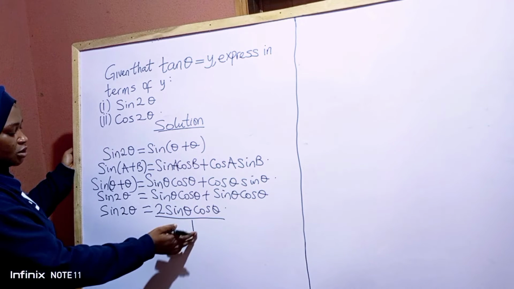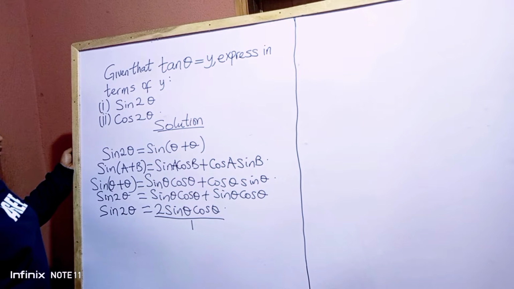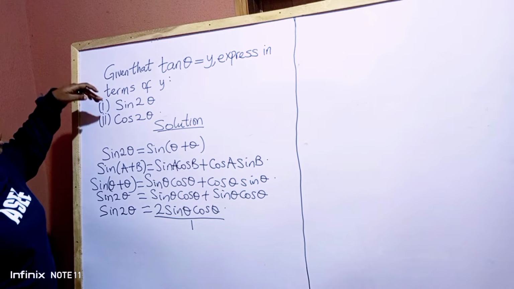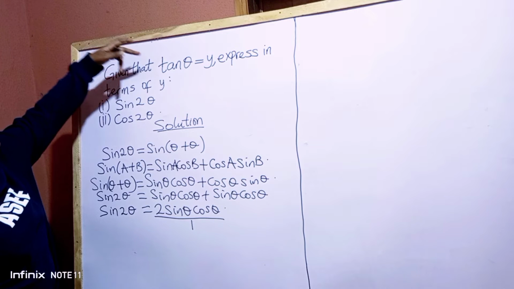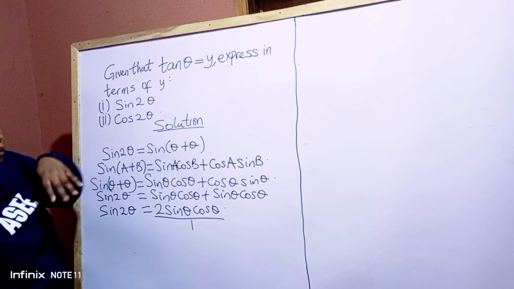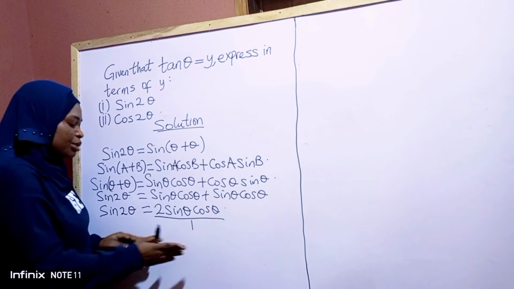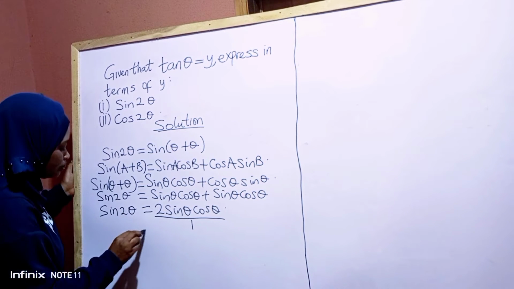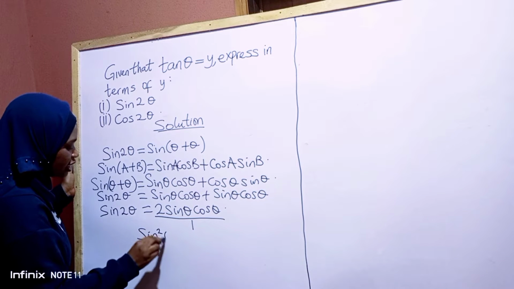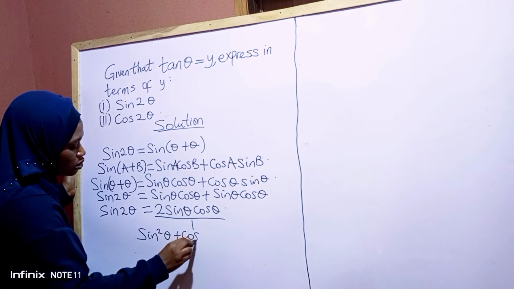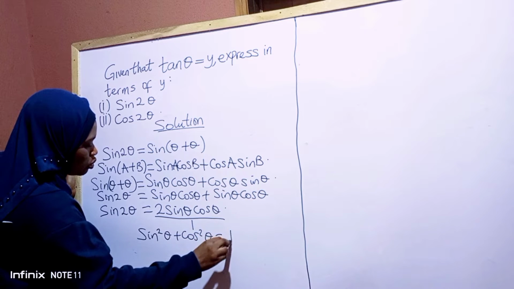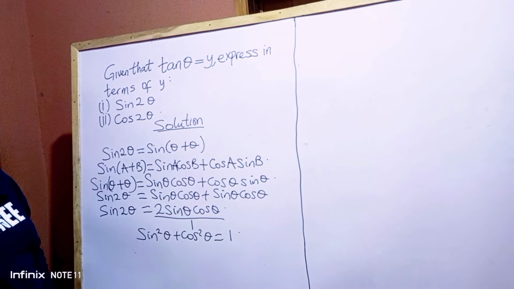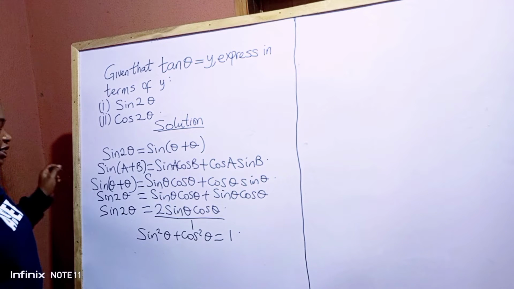You can see that I did not make any magic here. So from here, since I want to do this expression in terms of tan theta, which is y, I have to manipulate this one using sine squared theta plus cos squared theta is equal to 1. So anywhere I see 1, I'm going to put sine squared theta plus cos squared theta there.